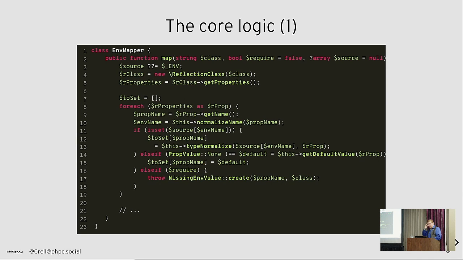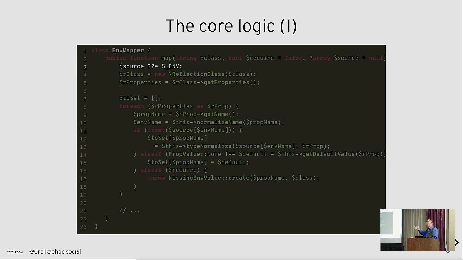And the code for it looks like a lot. It's actually really small. It's just 2 slides. We start with, provide an input source of data, such as some array. If you don't specify one, we grab the environment. Then we use reflection to get the properties off that class.